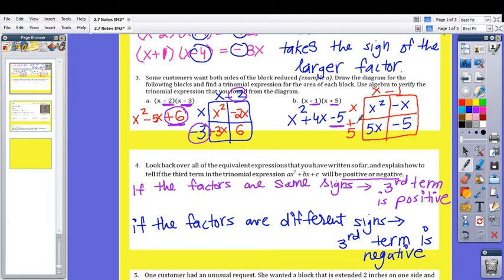Like in this case, we had positive 5 and negative 1, and because of that we got a negative 5. So this is what we can observe from this.